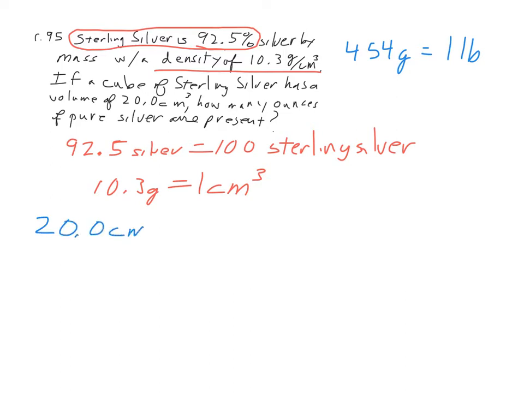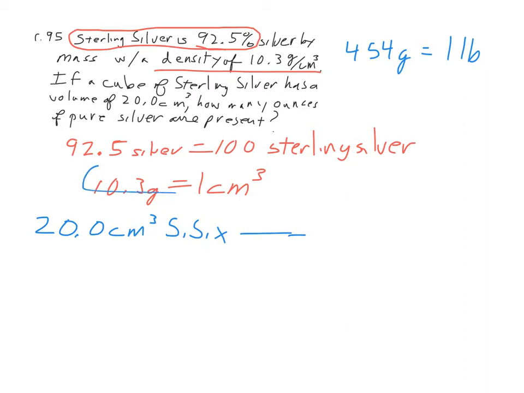20.0 cubic centimeters is the only number left, so we're going to start our line with that. And I'm going to use the abbreviation SS for sterling silver. So I have 20 cubic centimeters of sterling silver. I don't want cubic centimeters of sterling silver, so I need to create a ratio where my cubic centimeters of the sterling silver cancels out.